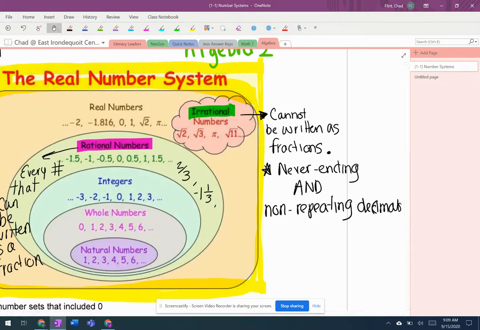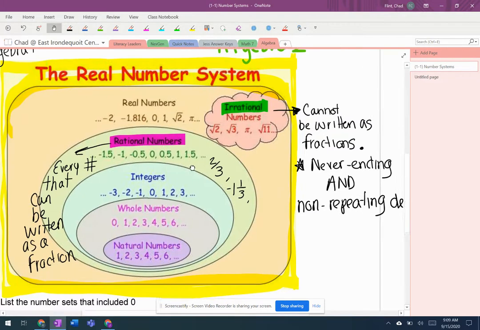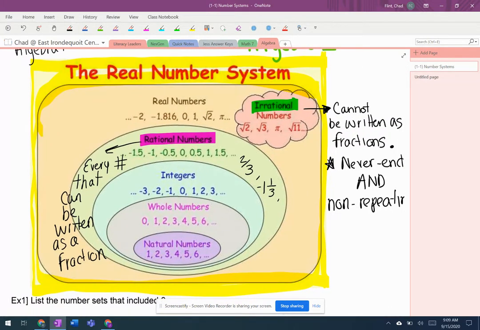Rational numbers include repeating decimals, because 2/3, 1/3, those can be written as fractions. So let's make a note of that in here. Rational numbers include repeating decimals.